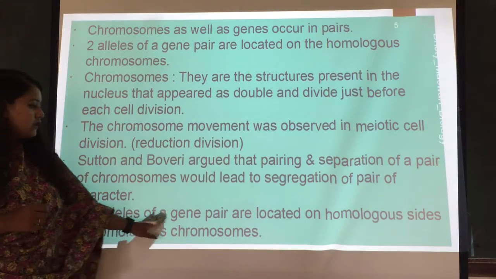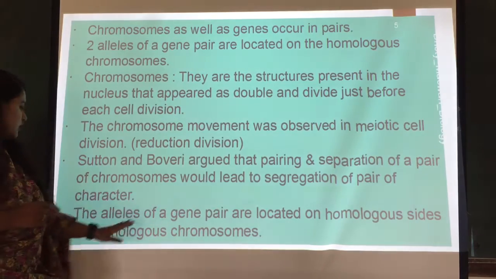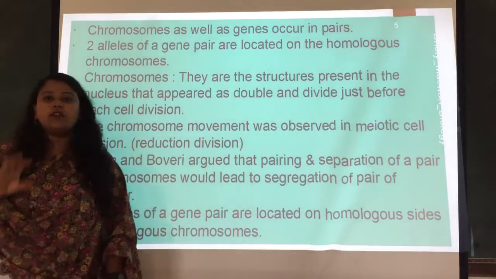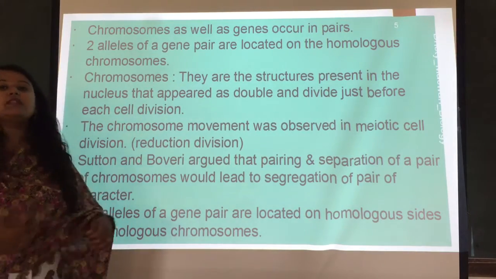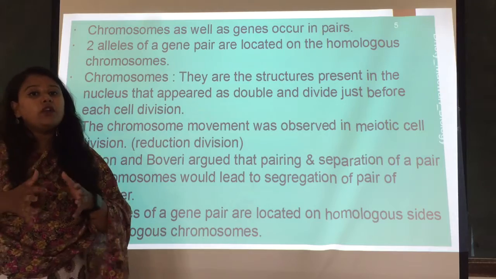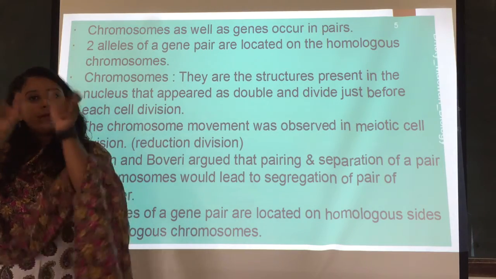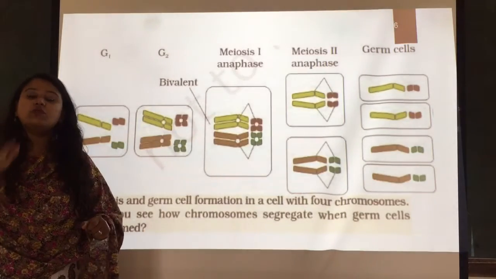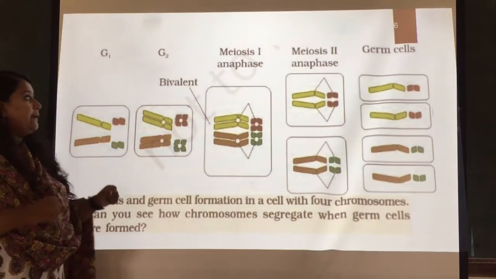The alleles of a gene pair are located on homologous sites on homologous chromosomes. That means those sites which are the same in both chromosomes of the pair, and both of those chromosomes are said to be homologous chromosomes, right?